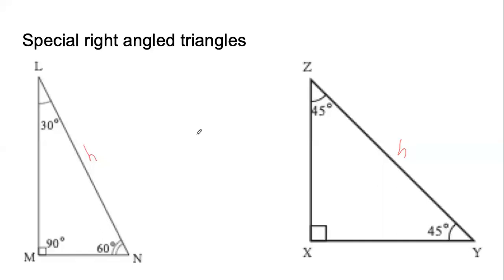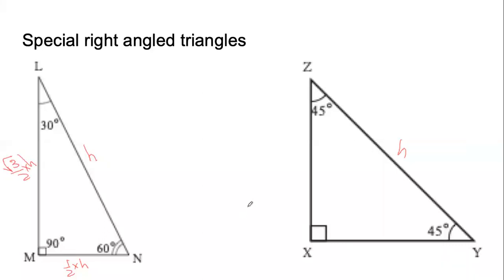For example, in triangle LMN, the side MN, which is opposite to angle 30, will be 1/2 of the hypotenuse. The side LM, which is opposite to the 60 degree angle, will be √3/2 of H.